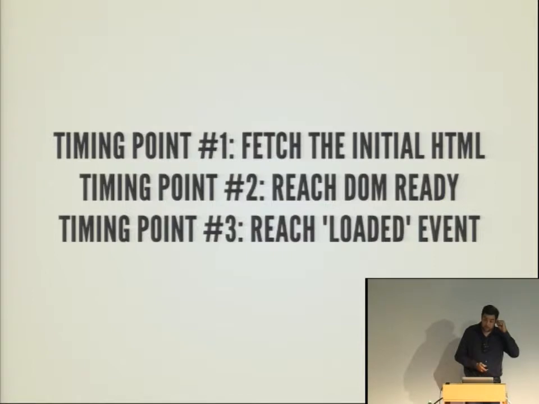And the third one is when the loaded event is reached. The loaded event is the time when the spinning wheel in your browser disappears, so this is the perceived performance from your user. And it's only reached when all the images are loaded.